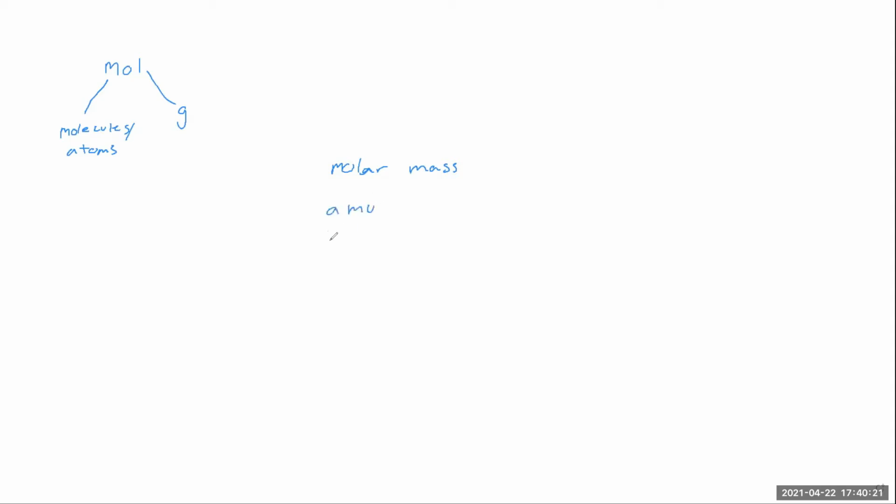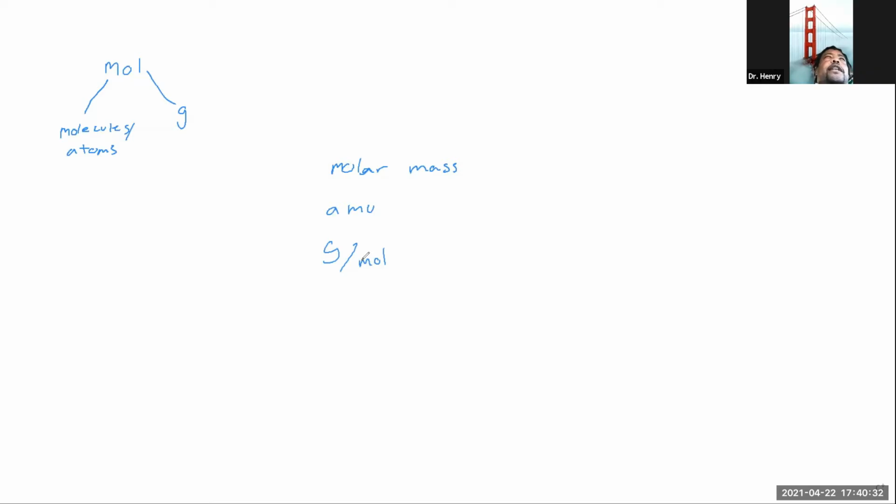Yeah, in grams per mole. So grams per mole. So it is molar mass AMU? Yes. No, it's not. So isn't AMU formula mass?